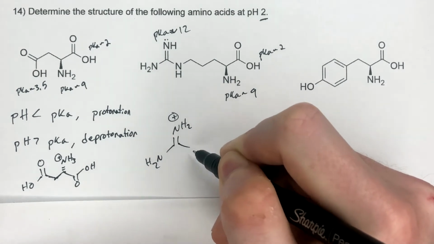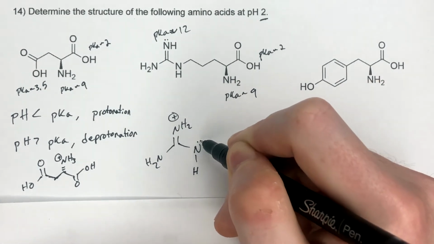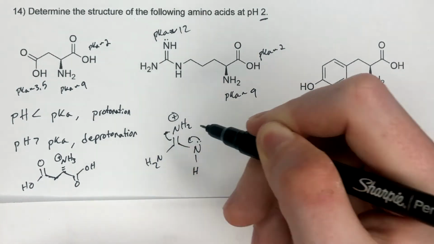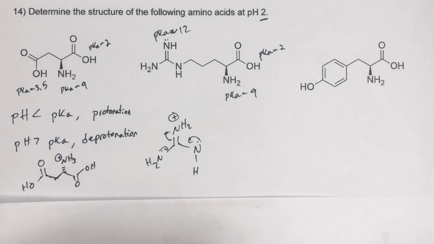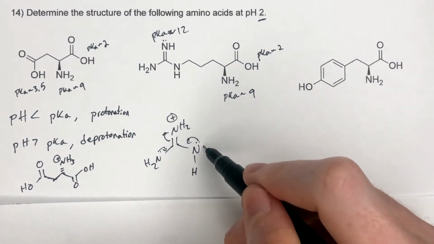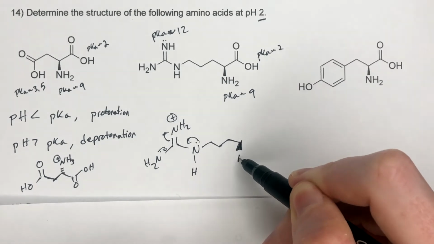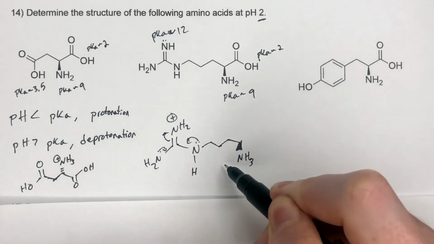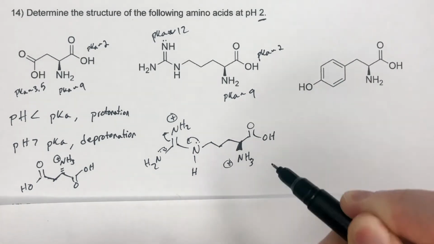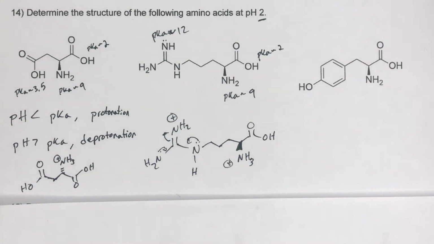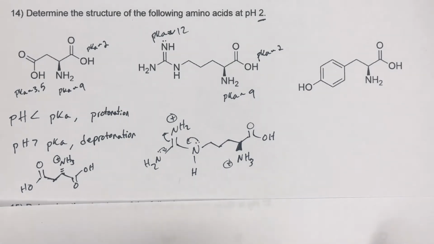The sp2 orbital is mainly what I'm referring to. Because if that happens, then you have extended resonance. I'll just draw one structure, but you also can have this one here, right? But nevertheless, that's why that position gets protonated. Then this nitrogen here will get protonated, and then the carboxyl group is protonated, giving that structure. All right, that is that one.